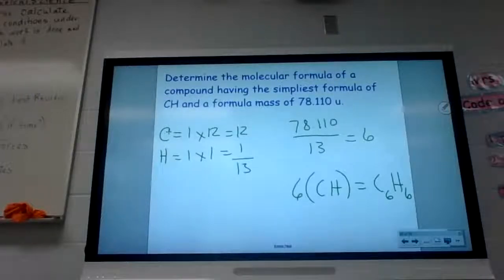Now, on the front side, the one that says empirical formulas, we're going to do number 1, 3, and 5 on the front. And on the back, we're going to do 1, 3, and 5.